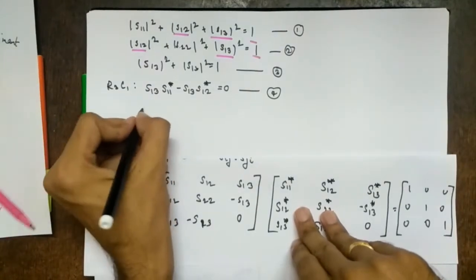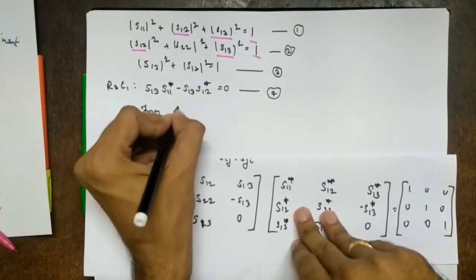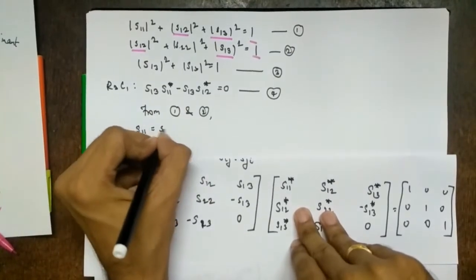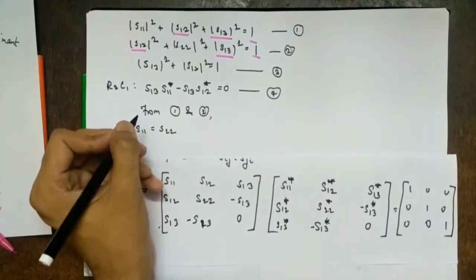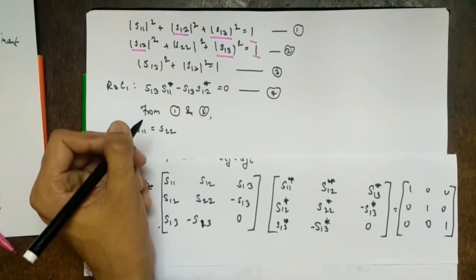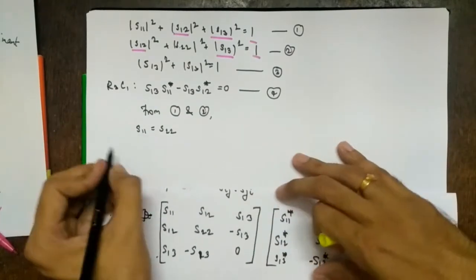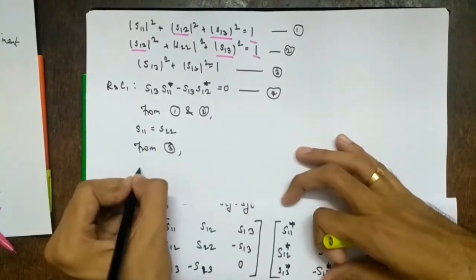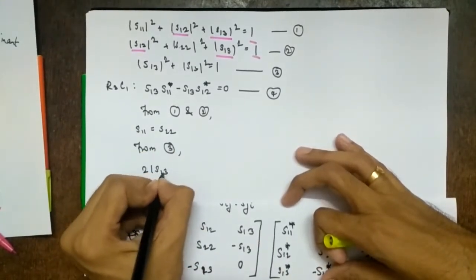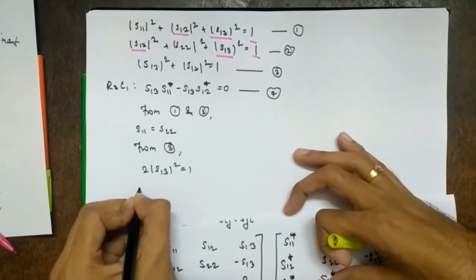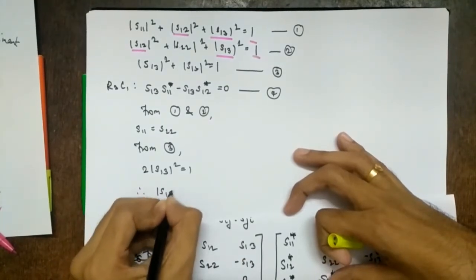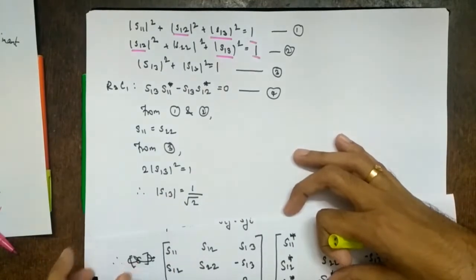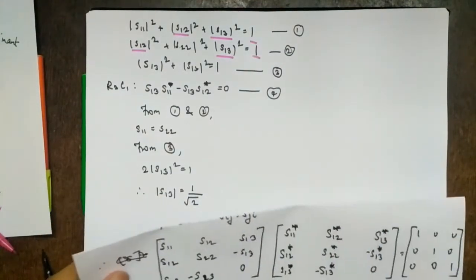So from 1 and 2, S11 equal to S22. Then from 3, 2 mod S13 square equal to 1. Therefore, mod S13 equal to 1 by root 2. We have found this parameter. So deriving these parameters means finding the values for them.